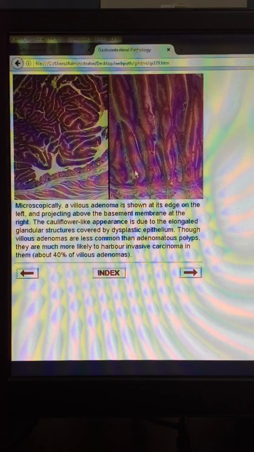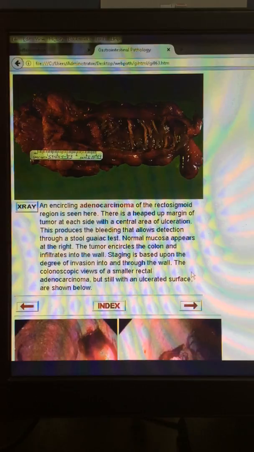In the center there is a fibrovascular core, and this is the adenomatous epithelium lining the fibrovascular core. Villous adenoma is usually associated with a higher risk of malignancy, up to 40%.